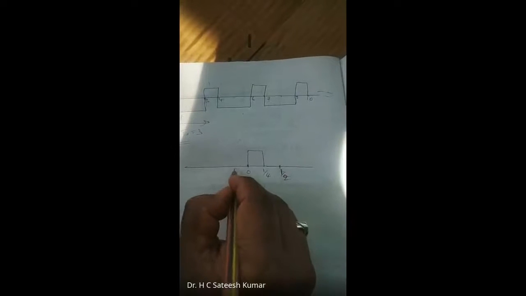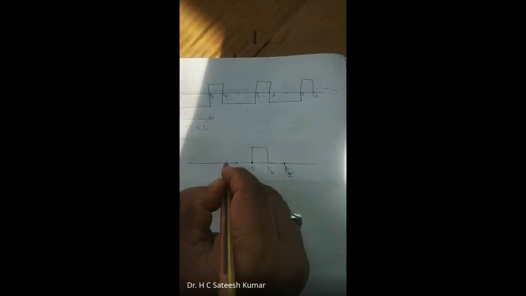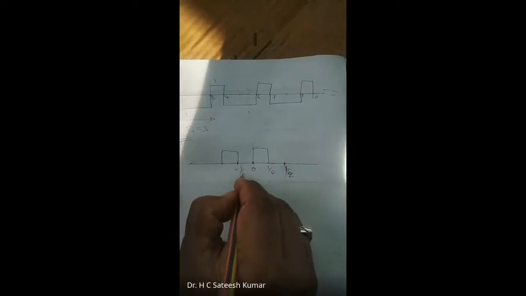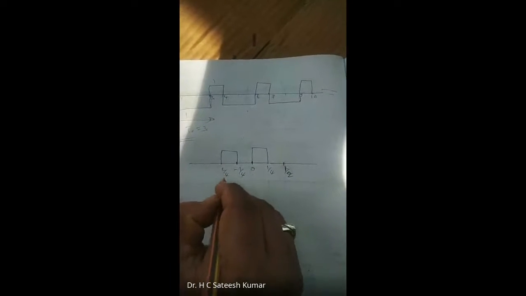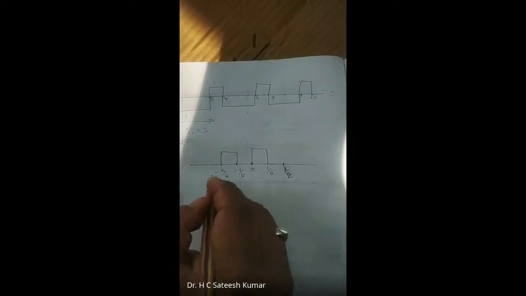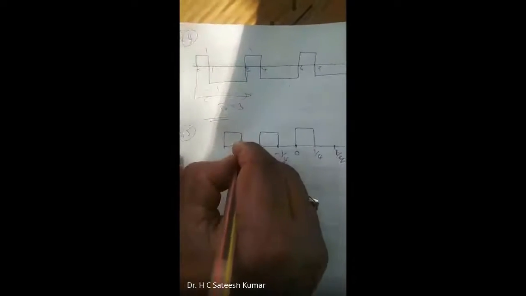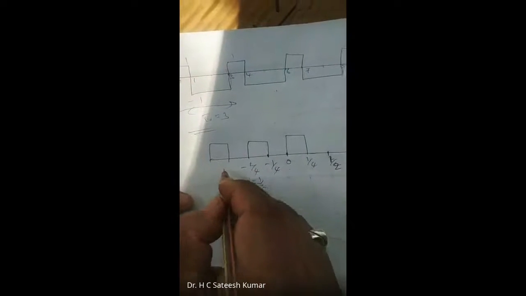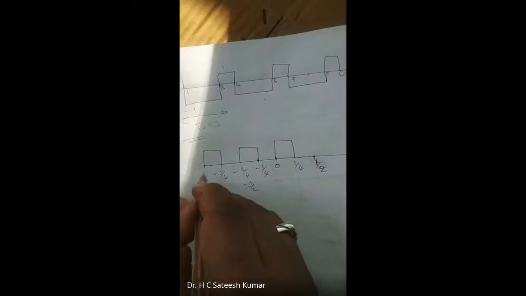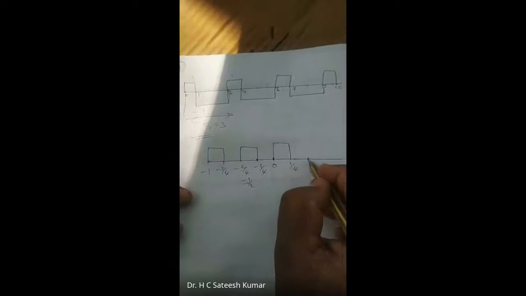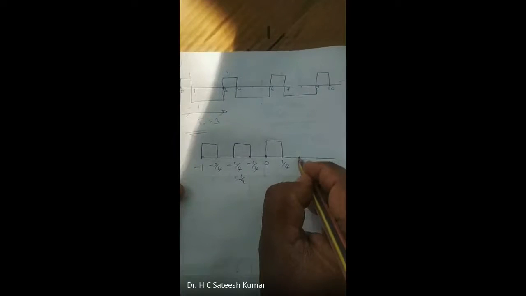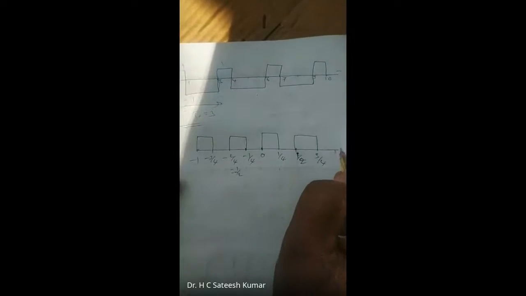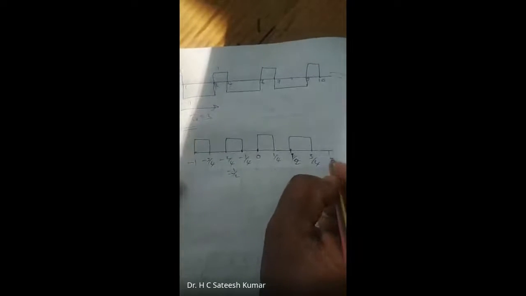This is 2 by 4. Minus 1 by 4. Minus 2 by 4, which is nothing but minus 1 by 2. Minus 3 by 4. Minus 4 by 4 is minus 1. 1 by 4. 2 by 4 is 1 by 2. 3 by 4. And 4 by 4 is 1.